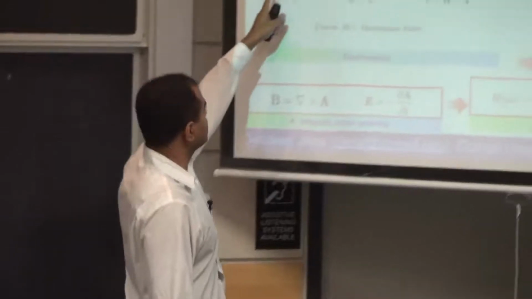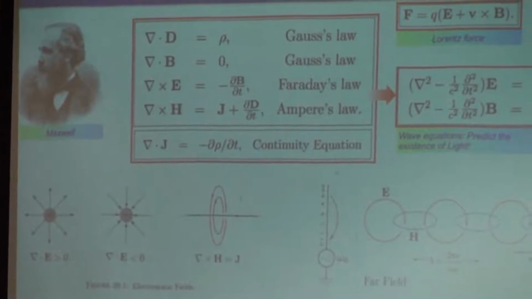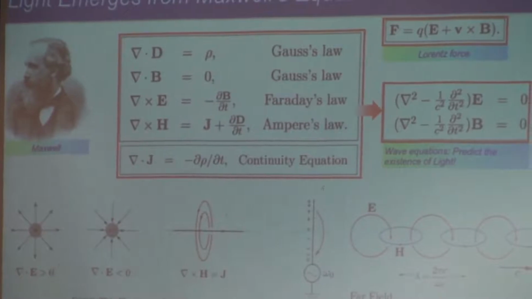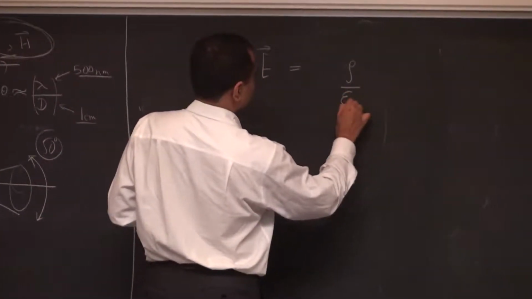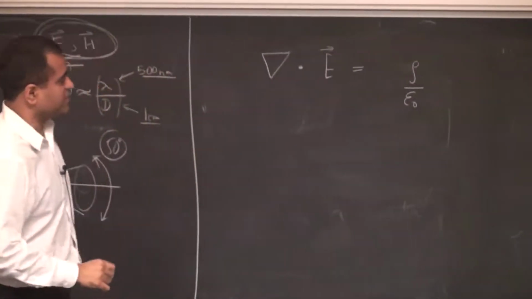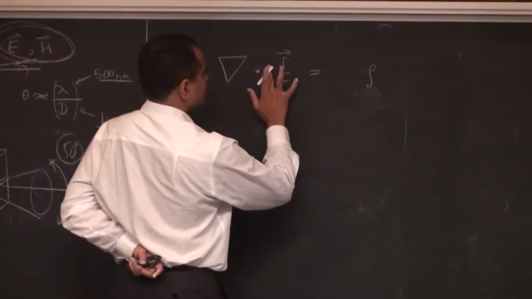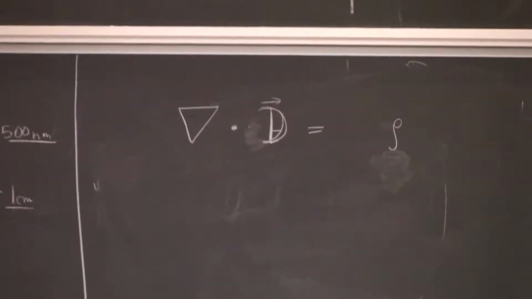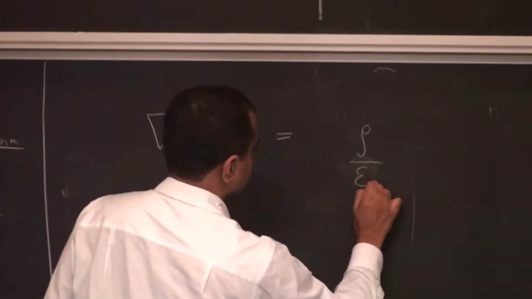Mathematically, you write that the divergence of the electric field is equal to the charge, but here you write it as a charge density per unit volume, coulombs per meter cube. The way it's written, you also have a permittivity of vacuum, or permittivity of the material, and this epsilon naught is consumed here and written as the divergence of the displacement vector D. You can write it in terms of the electric field too.